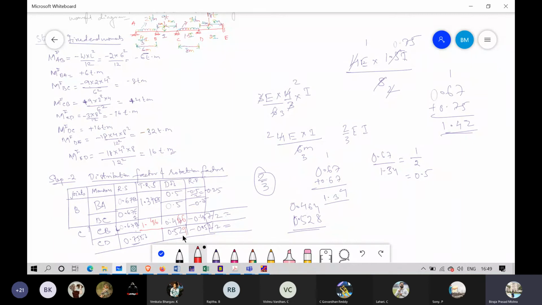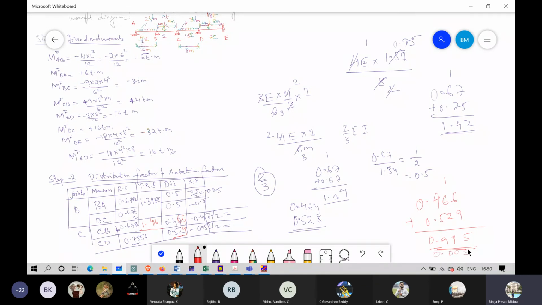Even if you sum this one, 0.466 plus 0.529 is 0.995, so it is lacking by 0.005.